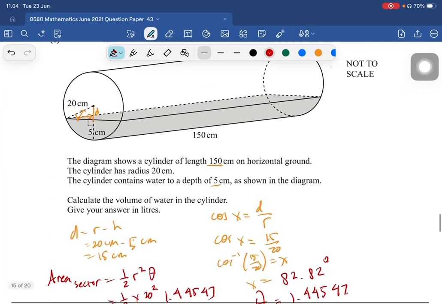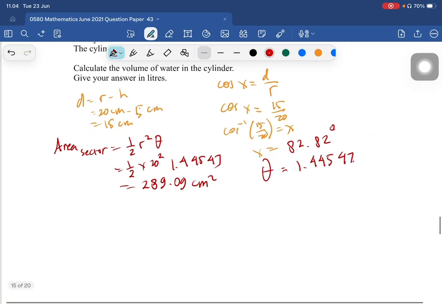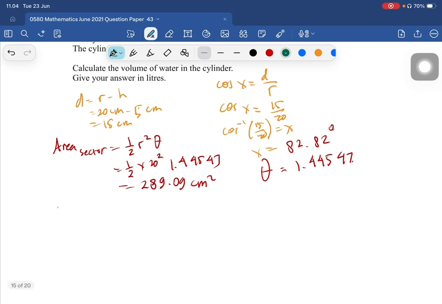Next, let us find the area of the triangle. Here is the area of the triangle: a half of r squared multiplied by sin of the angle.